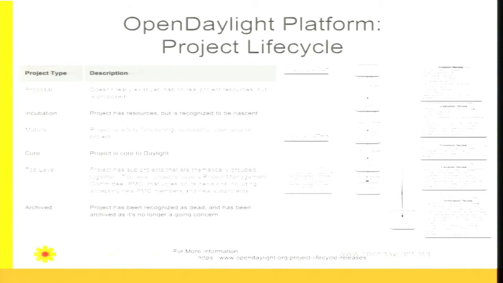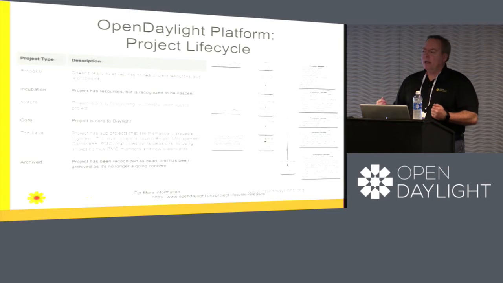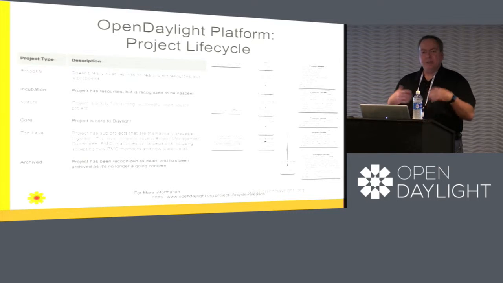This is a diagram of our project life cycle. It's actually relatively easy to become a project in OpenDaylight. You will do that by becoming an incubation project, and it's really a matter of providing a proposal on a wiki, identifying what it is you want to do and who's going to be helping you to do this work, then submitting a mail to the project proposals mailing list, waiting for 2 weeks so that the technical steering committee can review it, and then requesting a creation review by the technical steering committee.